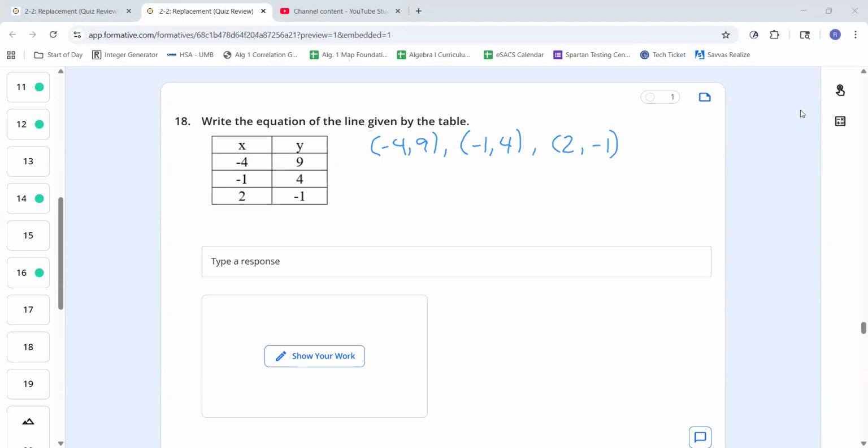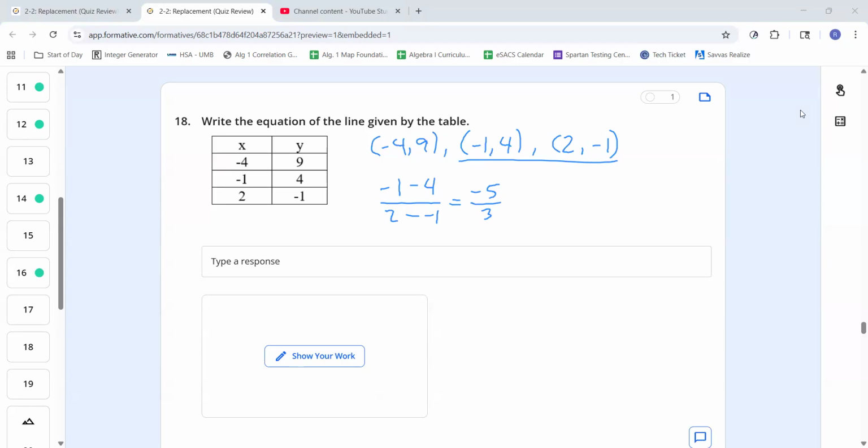I only need 2 of them. Any 2 will work. So I'm just going to take these 2, smaller numbers. I don't know. You can do any of them. Y2, negative 1, minus Y1, which is 4, over x2, 2, minus x1, negative 1. So that's negative 5 over positive 3. That's my slope.